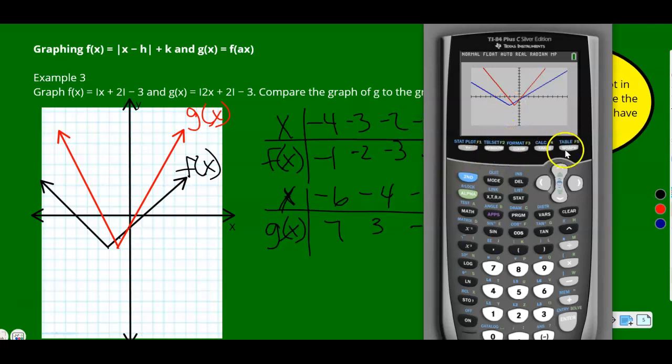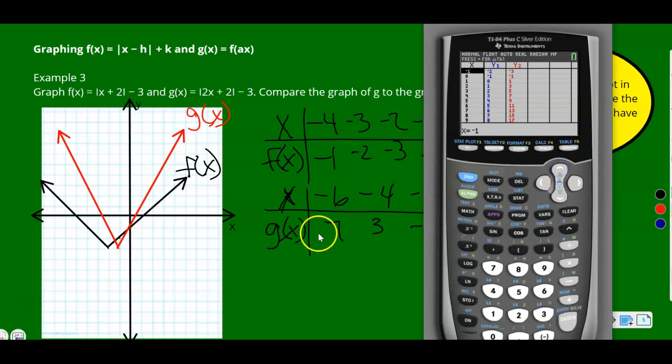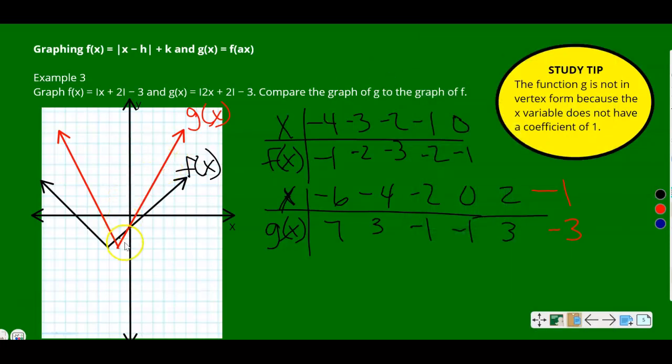You also can go to your table of values. So if you go second table, and you can check your points here to make sure the table that you generated, you found the correct values when you plugged them in. So those are your graphs, and that's how you would compare the two functions.